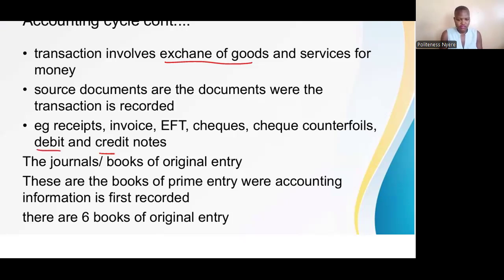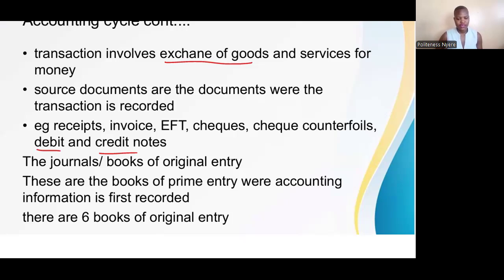Debit and credit notes are still working even today because they are used for returns. For example, if we sold goods to a customer and the customer is not satisfied with the goods, maybe the goods are not the right type, they will send the goods back to us. So we have debit and credit notes.